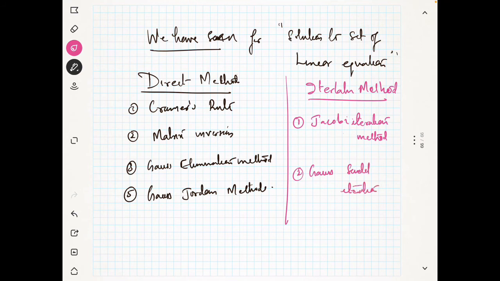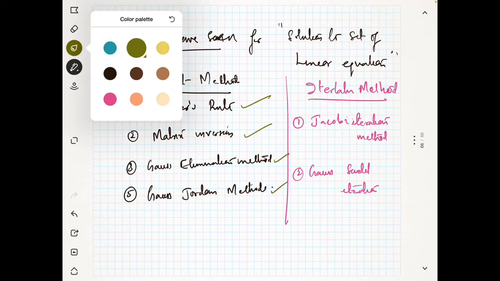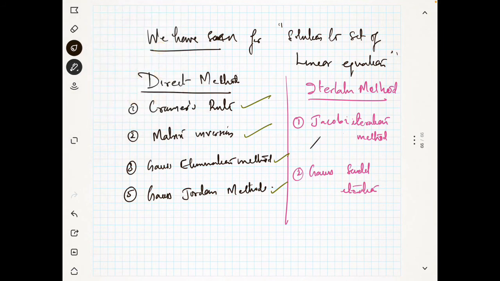These are the two methods that we are going to discuss. So we finished Cramer's rule, matrix inversion, Gauss elimination and Gauss-Jordan. Now we have to finish the Jacobi iteration and Gauss-Seidel iteration. So we are going to discuss the iterative method now.